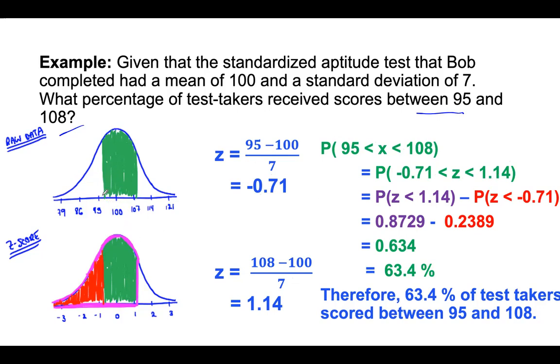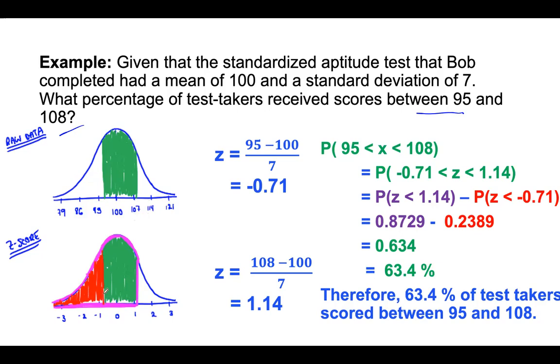We can of course draw the raw data here between 108 and 95, and we know the middle here is 100. We can draw our axis, and we know 0 is here, and we found our Z scores: 1.14, so very close to 1, and subtract this red area, our other Z score, negative 0.71.